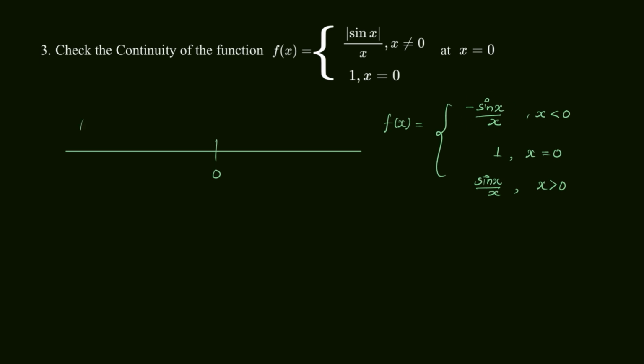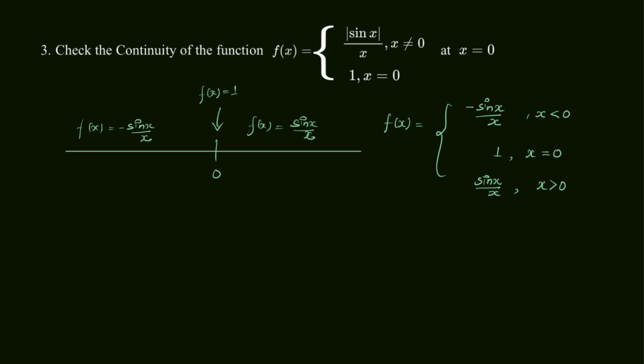So here it will be f(x) equals minus sin x over x, and on the positive side of 0 the function is sin x over x, and at the point 0 the function f(x) equals 1, which was given in the question. Now since here also the function is different on the left hand side and right hand side of 0, that's why we have to calculate left hand limit and right hand limit separately.